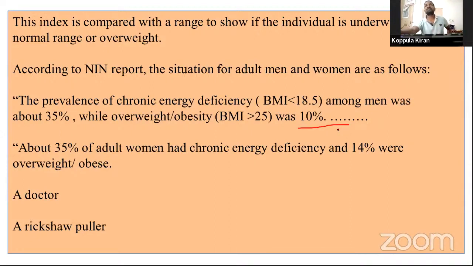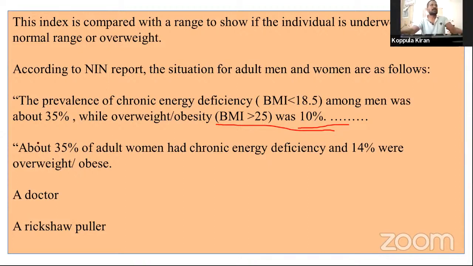They are facing an obesity problem also. These are overweight persons. BMI is generally normal between 18.5 and 25. Less than 18.5 and more than 25 are the facing problems.